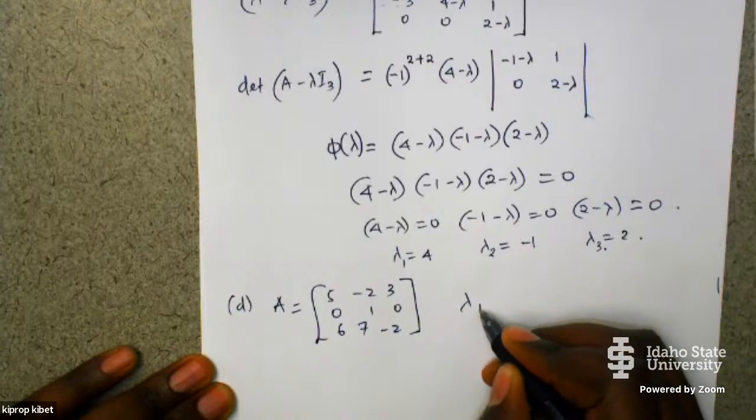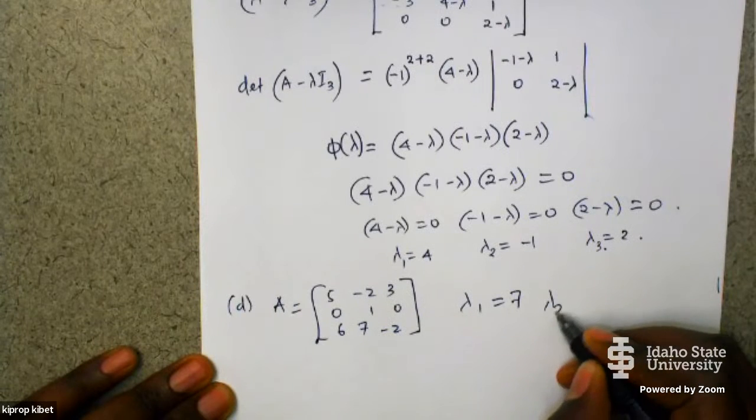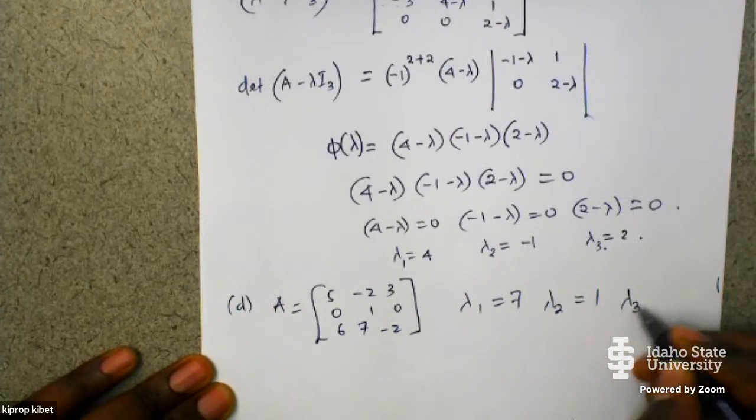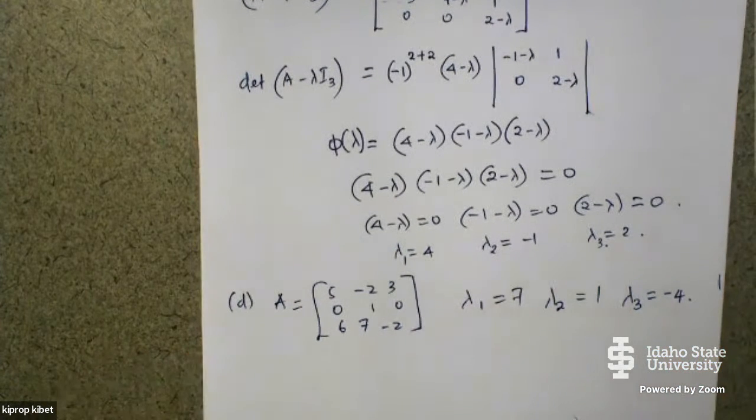We should get lambda 1 equals 7, lambda 2 equals 1, and lambda 3 equals -4. The easiest way is 5 minus lambda, 1 minus lambda, and then you get a determinant, just close. Use this one.